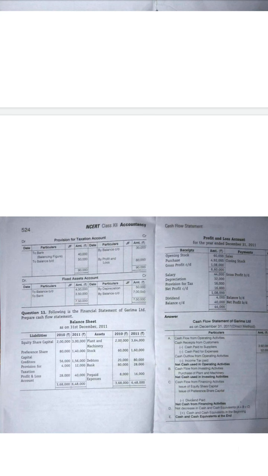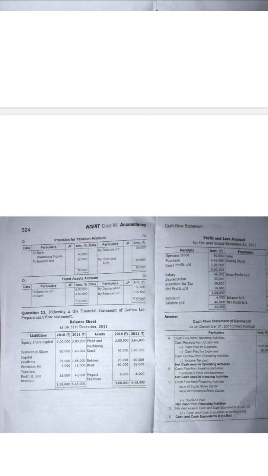In this sum there is no direct amount of income tax paid. So if there is no information relating to the amount of income tax paid, we have to prepare the account. Keep in mind, when you are reading the sum, you should be thorough in that format. You have to see whether there is a direct amount of income tax paid. If there is a direct amount, there is no need to prepare the ledger account of provision for taxation. And if there is no direct amount of income tax paid, we have to prepare the ledger account of provision for taxation account.